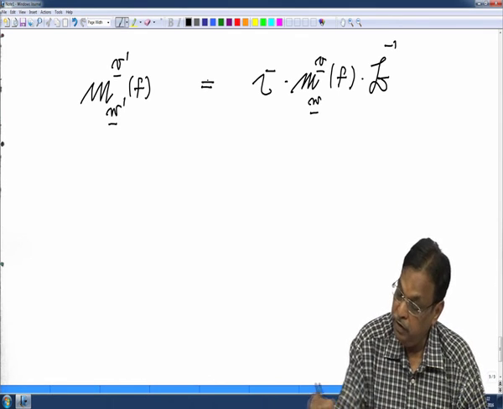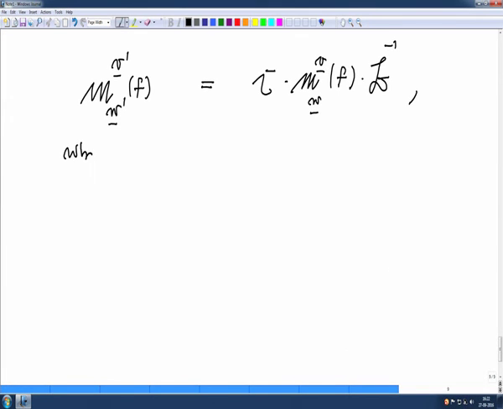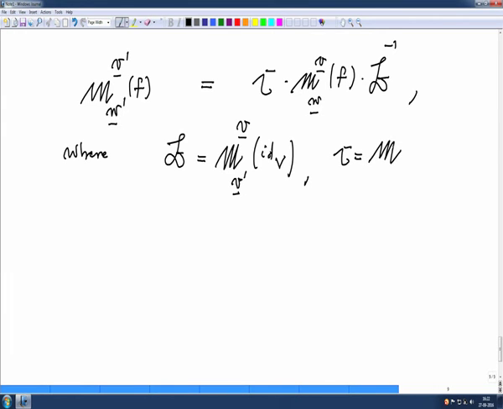This is the relation, where B is the matrix of the identity map id_V from the basis V to V prime, and C is the transition matrix of the basis W to W prime.